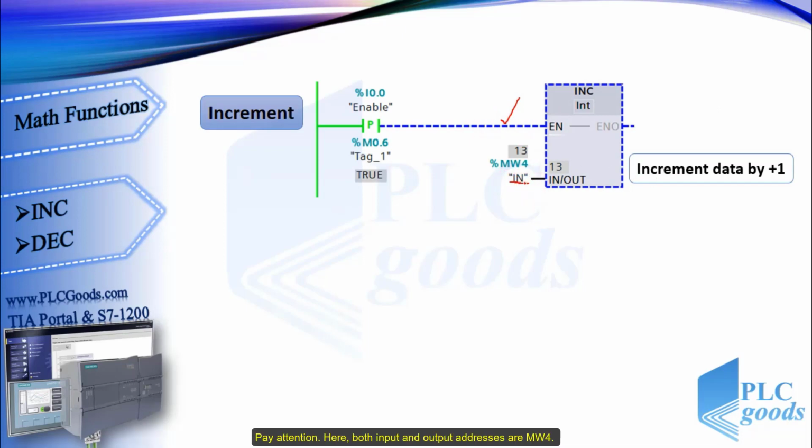Pay attention. Here, both input and output addresses are MW4. The value of this address will be incremented by this positive signal edge.